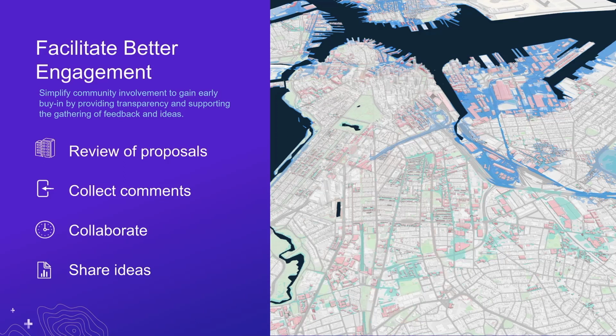This allows them to collaborate with the public on getting feedback, and also allows them to give feedback to the AEC, the architecture, engineering, and construction companies that are submitting projects to them. And then there's also a generic way for citizens to go in and share their ideas for improving the city overall.